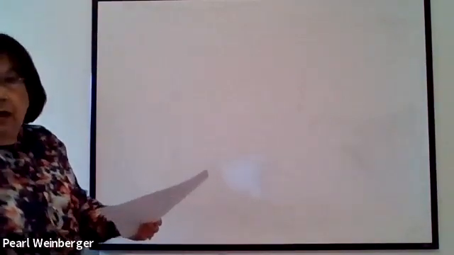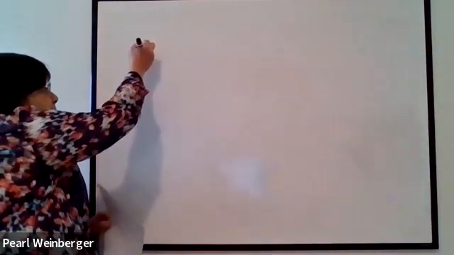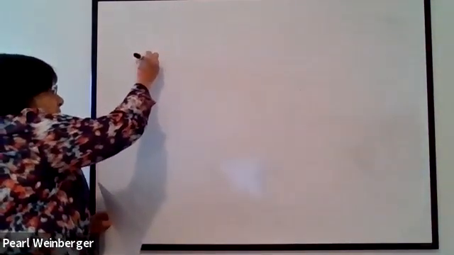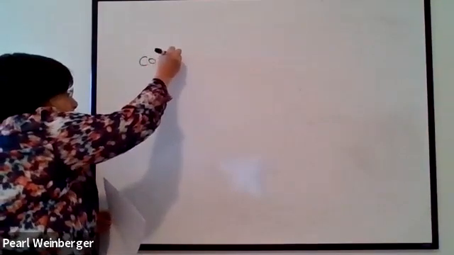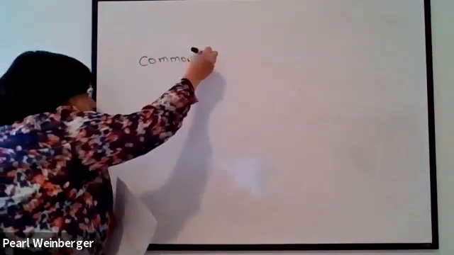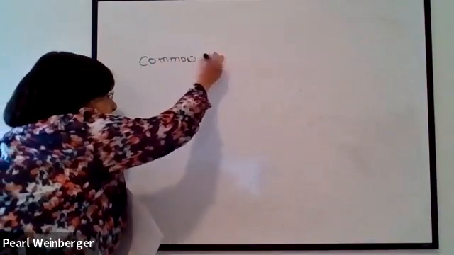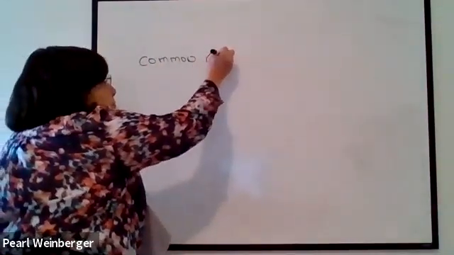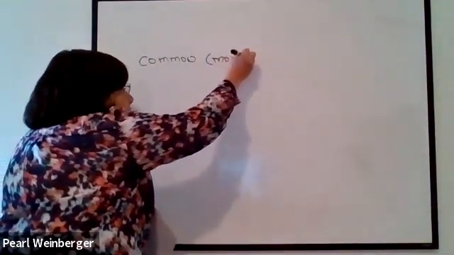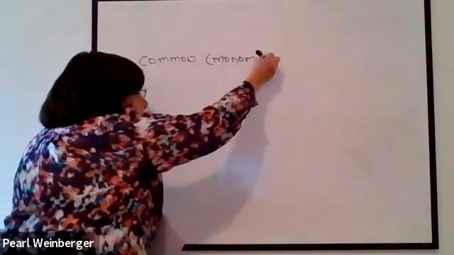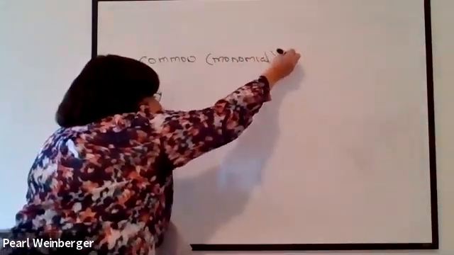We want to be organized about it. The first type of factoring to look for is something called a common (I'm going to put this in parentheses) monomial factor.